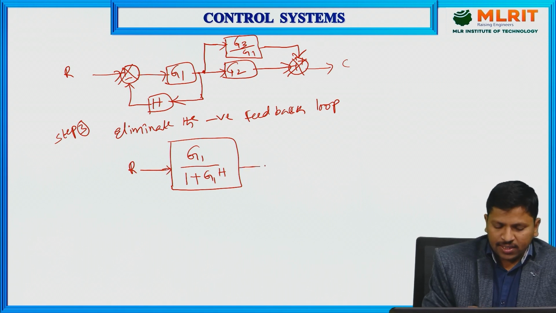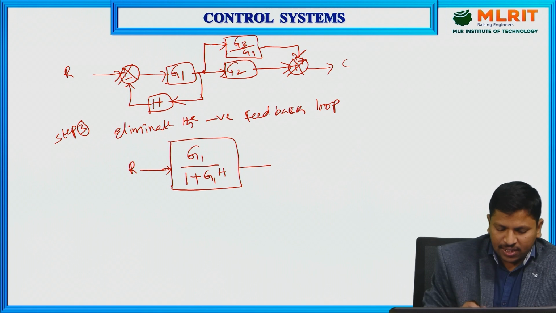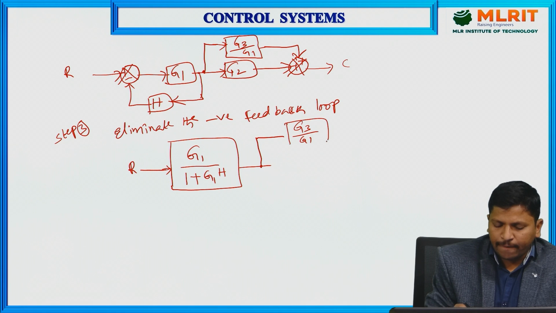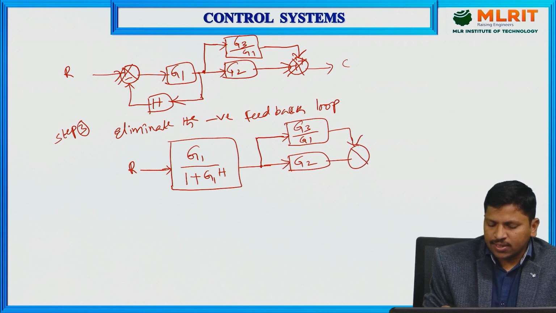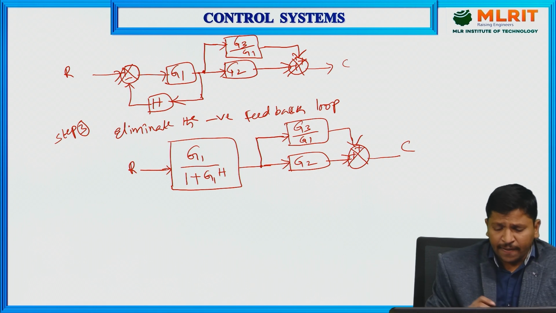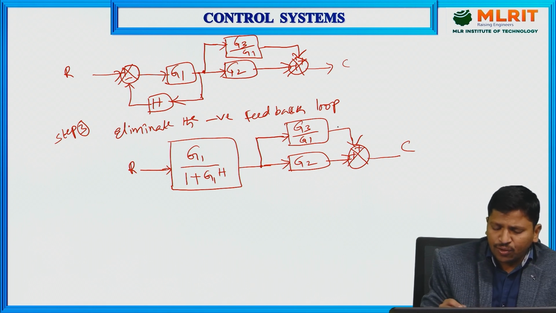Here I am going to write the same as before. Observe these two: G3 divided by G1, and here G2. These two enter a single summing point; these two are in parallel form. Here this is the output C. Next, these are in the form of parallel.